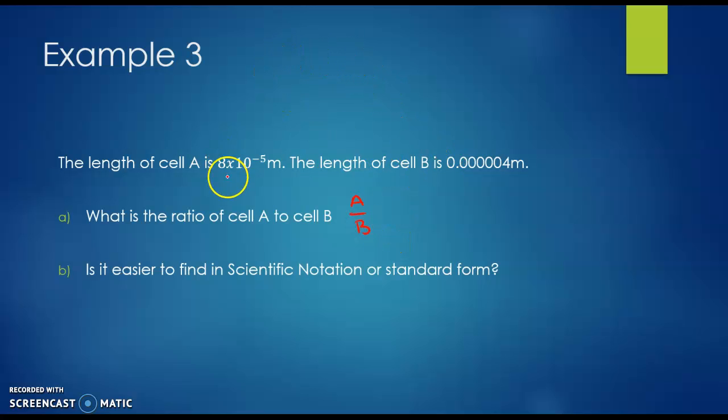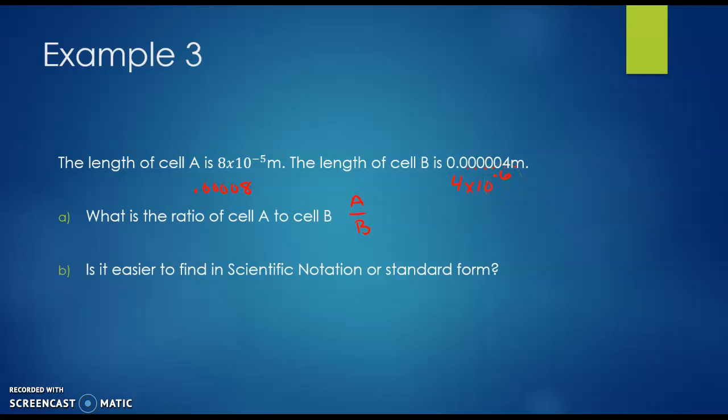We can do this one as a decimal, which would be 0.00008, and then this one in scientific notation is 4 times 10 to the negative 1, 2, 3, 4, 5, 6.